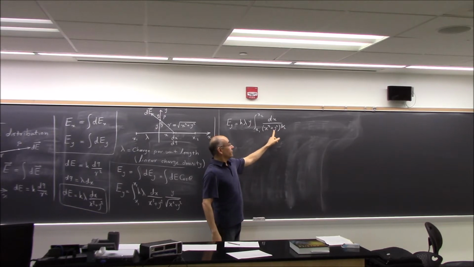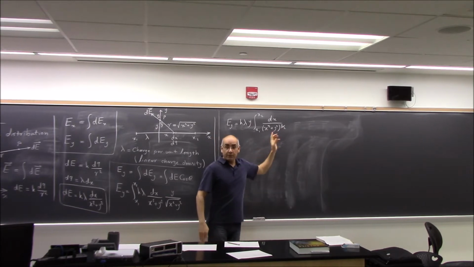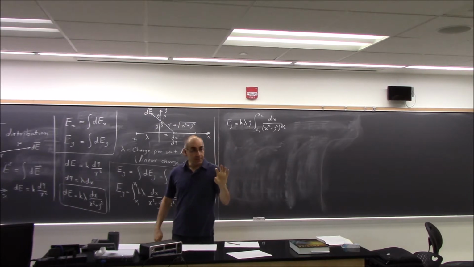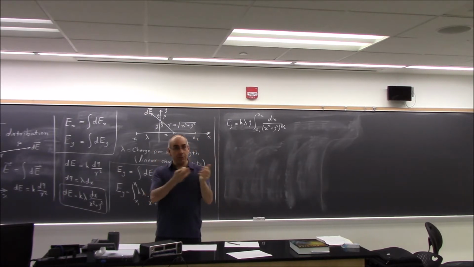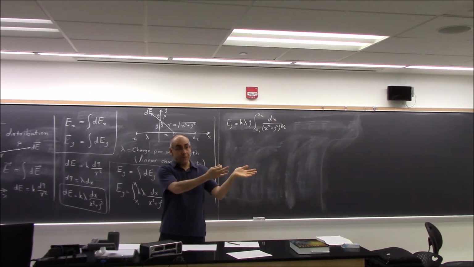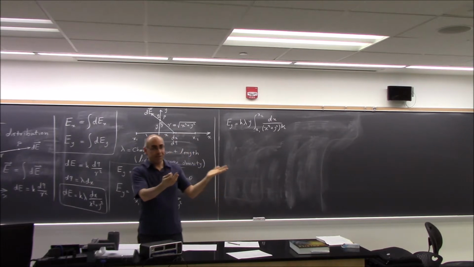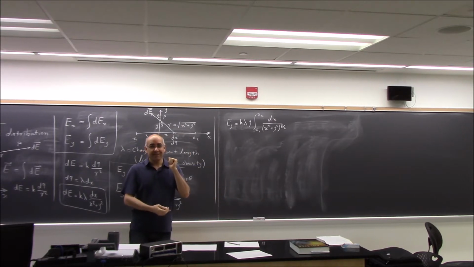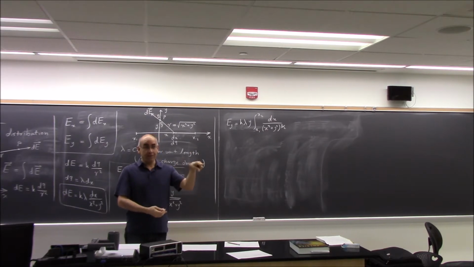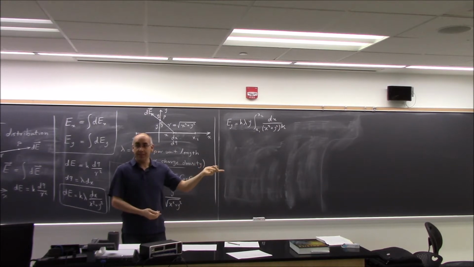Because it's x squared plus a constant squared, we need to look for a trig identity that is something squared plus a constant is equal to something squared. What trig identity is that? Tan squared plus 1 is equal to secant squared, right?